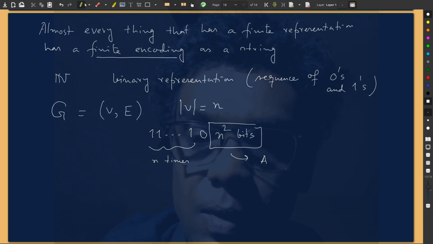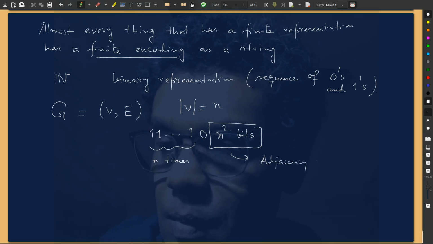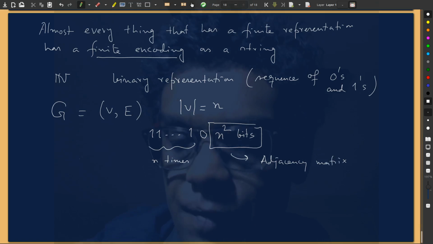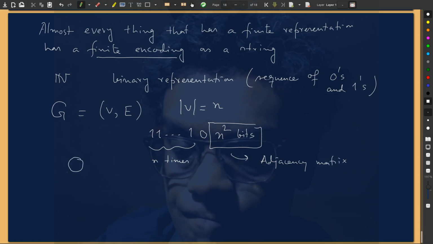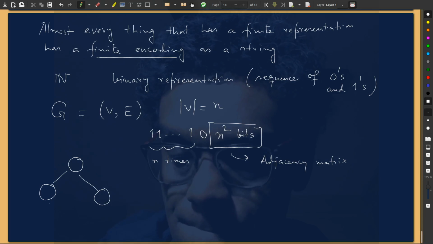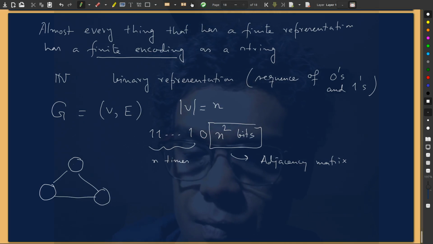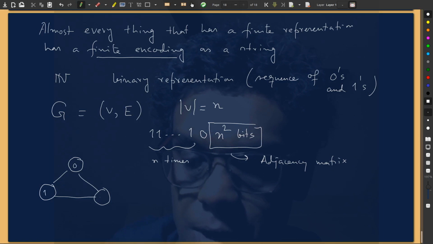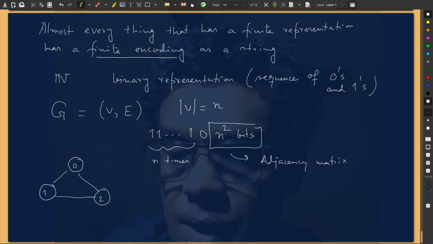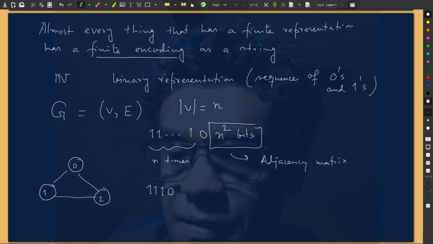For example, take this graph, and let us name the vertices 0, 1, 2. Then I can say there are 3 vertices: 1, 1, 1. Now this 0 acts as a separator.